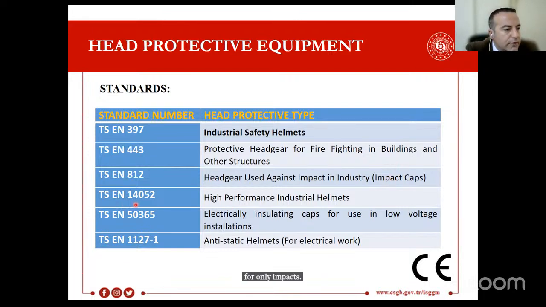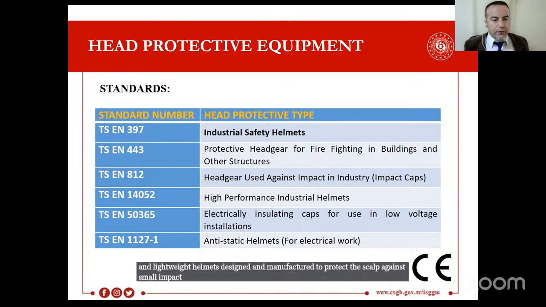And TSN 14052 high performance industrial helmets is a different one, and the TSN 50365 electrically insulating helmets for use in low voltage installations, and anti-static helmet is TSN 1127 you can say. And lightweight helmets designed by manufacturers to protect the scalp against small impacts whose effects cannot cause irreversible tissue damage. The other type.